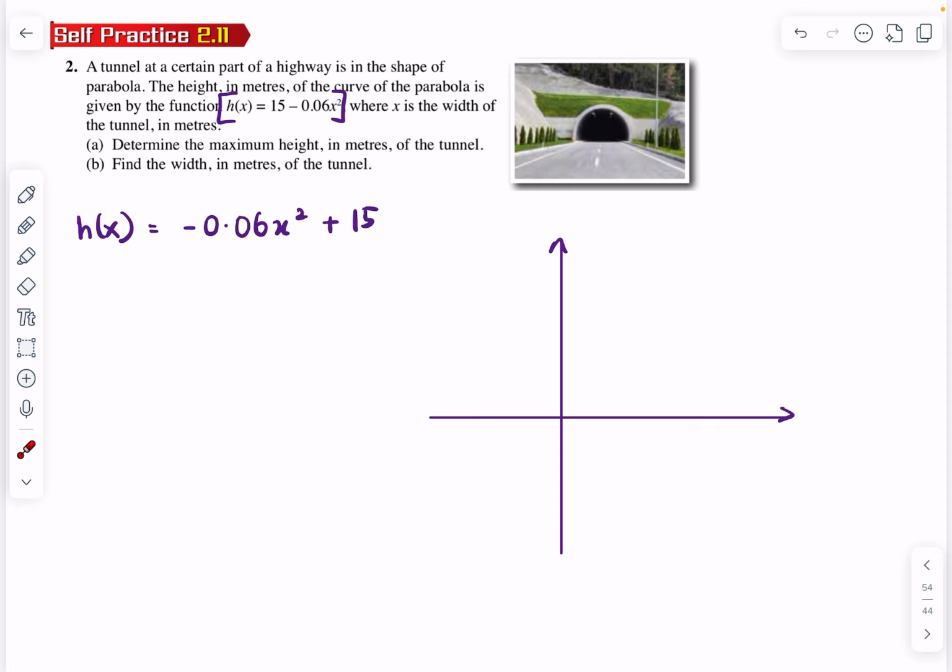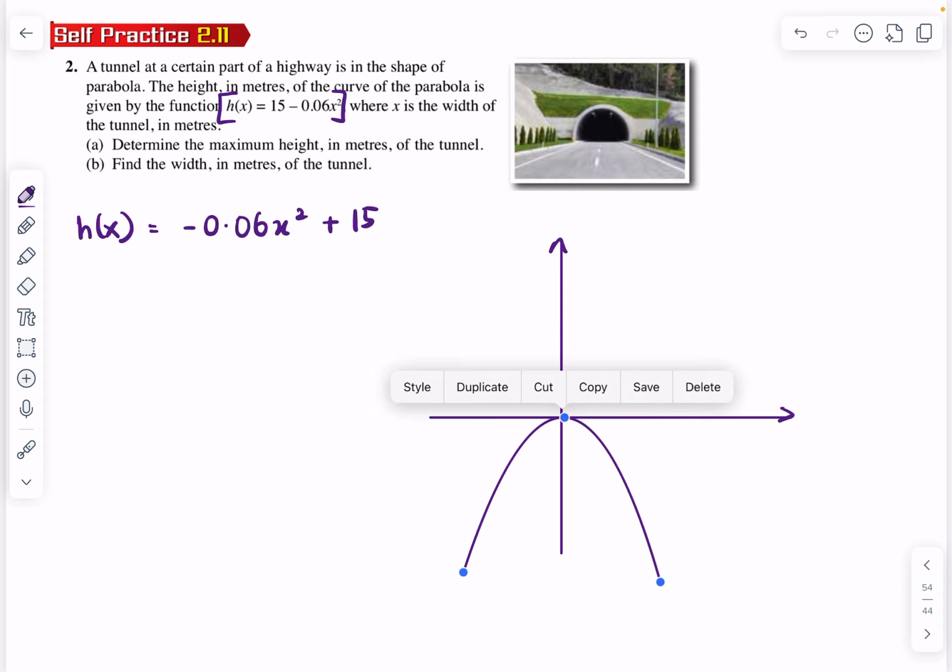So let's see how to draw this graph. First, let's start with x square. So x square means this is a quadratic graph. So x square graph will be like this. This is a negative x square graph, therefore it will be like this, a sad face. Negative x square means sad face.